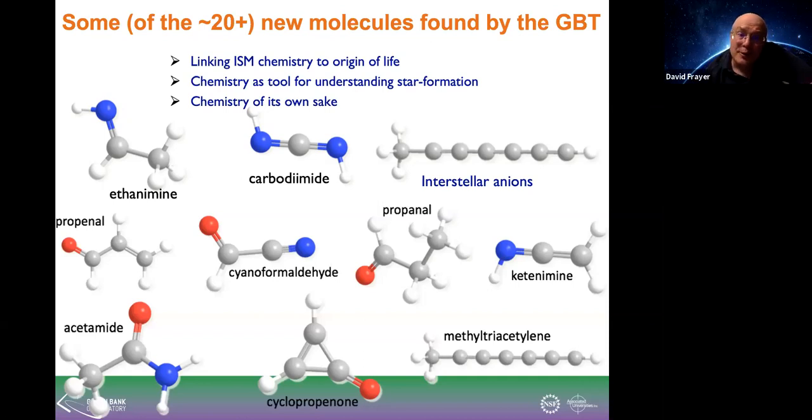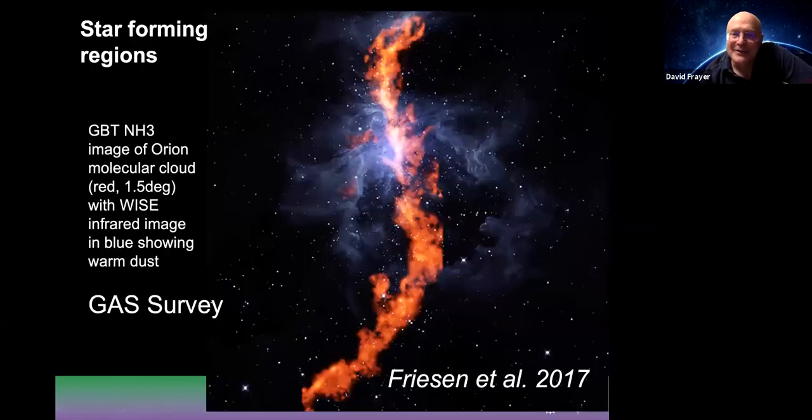It's pretty exciting. Star forming regions, this is one of my favorite GBT images by Rachel Friesen, and this shows the GBT ammonia image of the Orion molecular cloud in red, with the near infrared WISE image in the background showing the dust. This is from the GBT ammonia survey of nearby star forming regions.